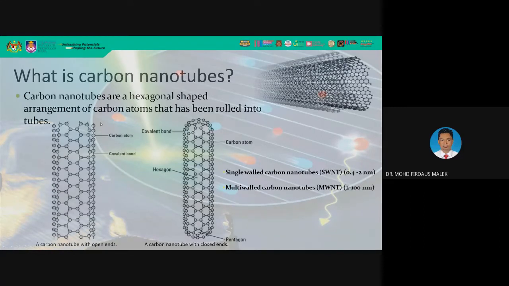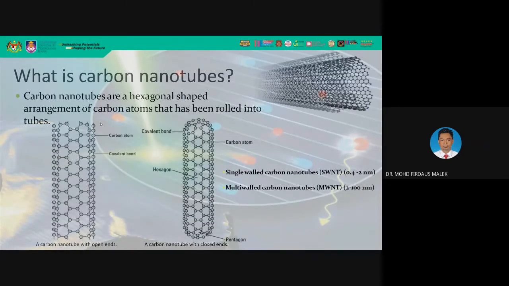So what is carbon nanotubes? Anyone? Any idea? Or has any one of you come across any carbon nanotube application that you use in your life, or come across these terms anywhere? Pernah nampak ke perkataan ni? Mungkin you tak perasan.